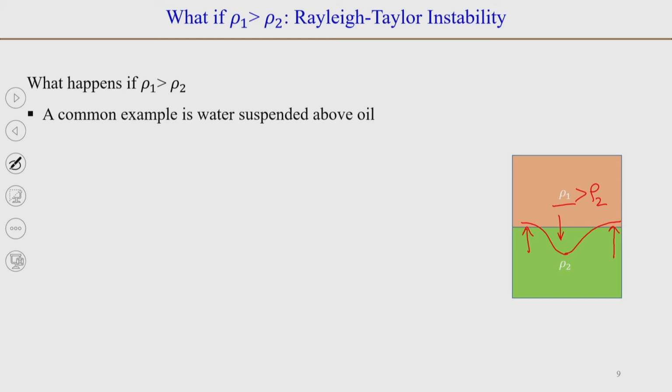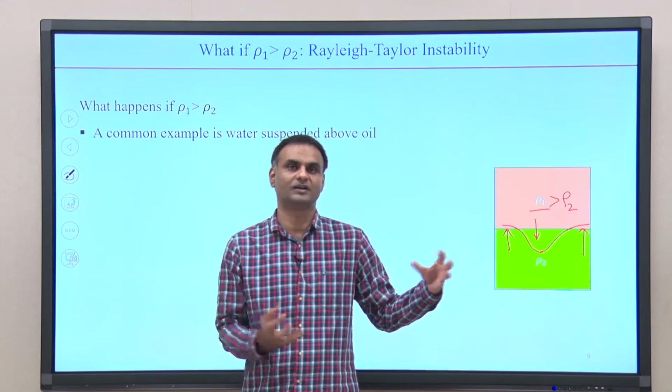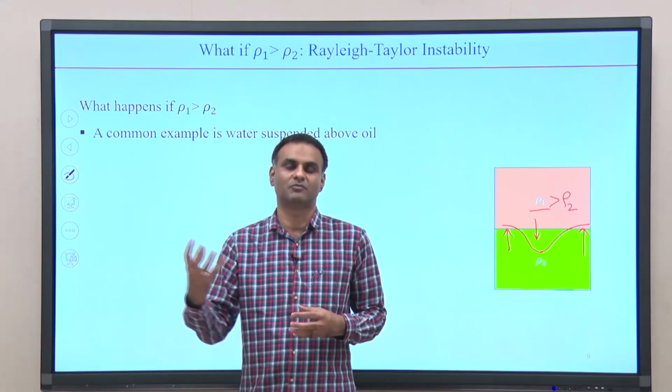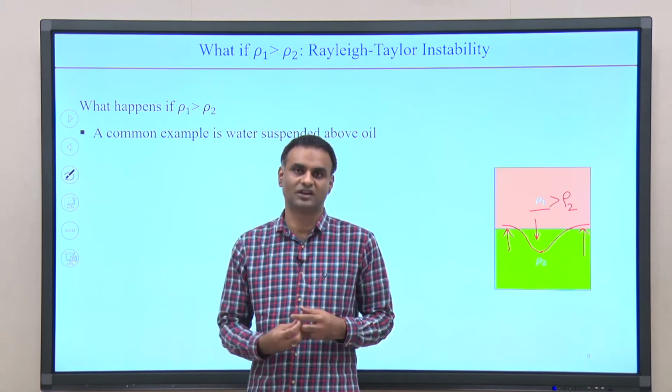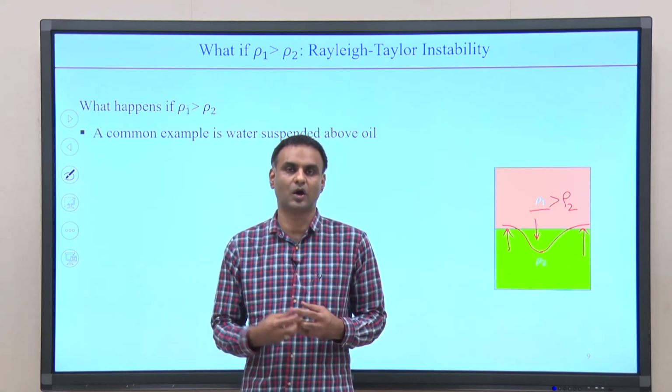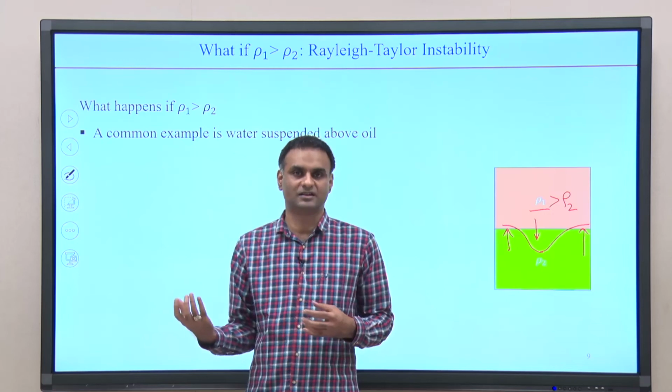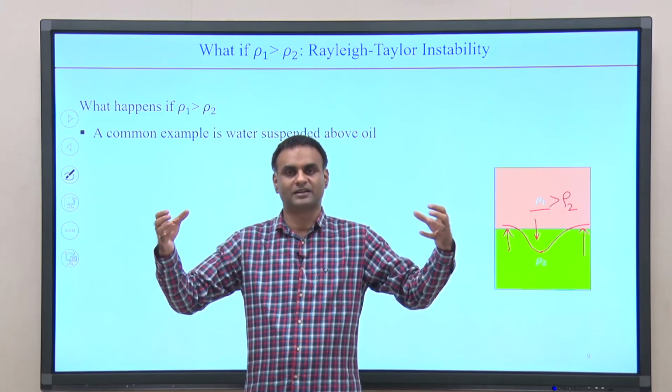and this will give rise to an instability. So, one of the common examples which we can experience, or we can do experiments also, you can take two glasses of liquid, one filled with water and another having a liquid of lower density. So, for example, you can take an oil which has a density lighter than that of water.